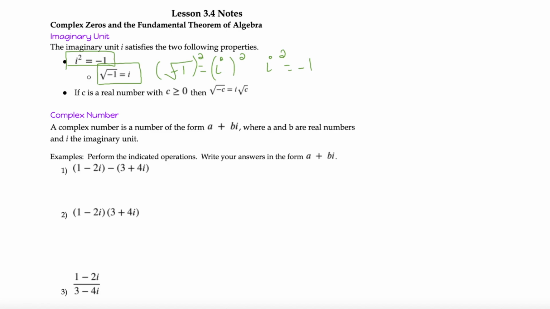When I think about a complex number, it consists of a real number part and the imaginary part, which is the bi part.